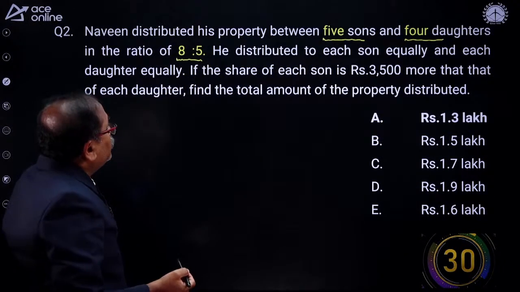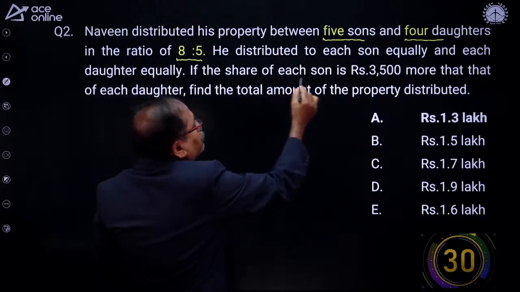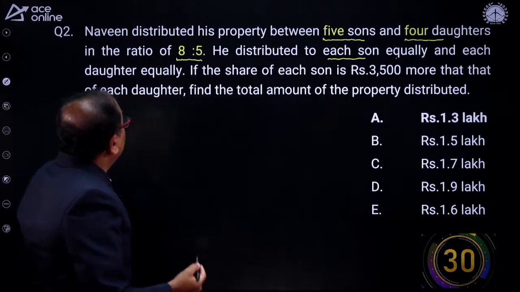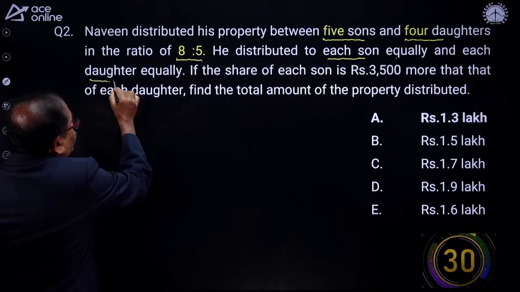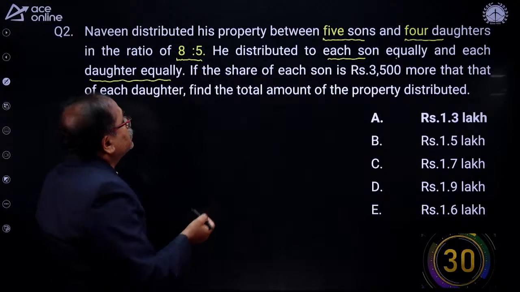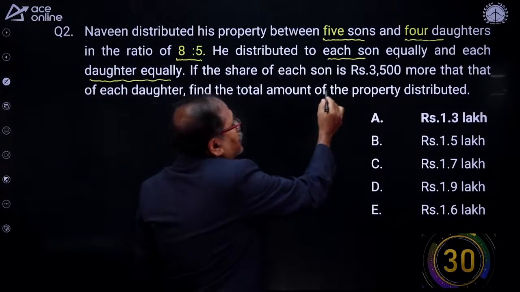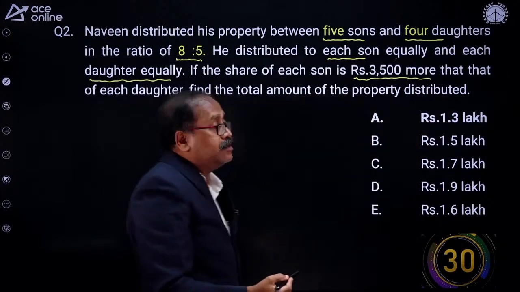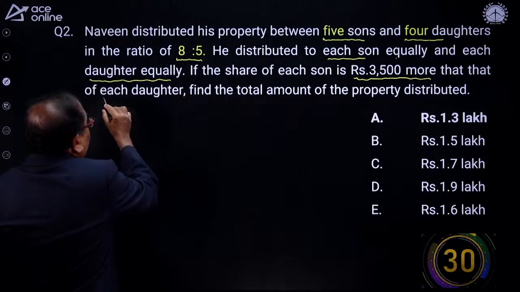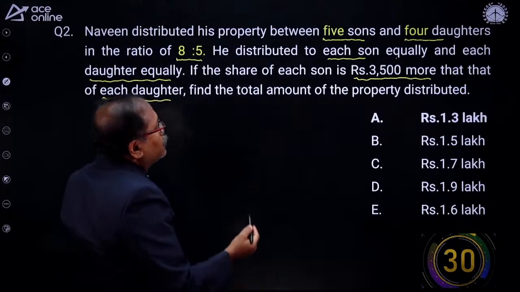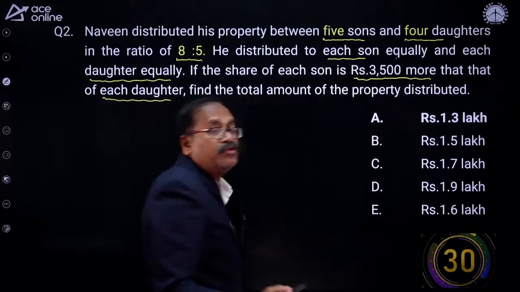It is also said that he distributed to each son equally and each daughter equally. What is the next statement? If the share of each son is rupees 3,500 more than that of each daughter, find the total amount of the property distributed.